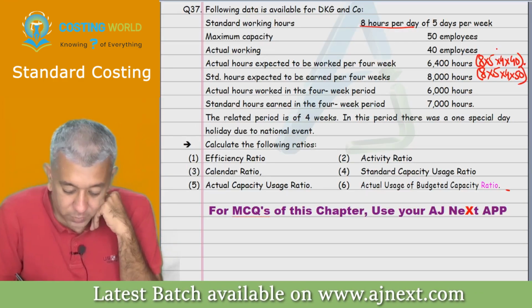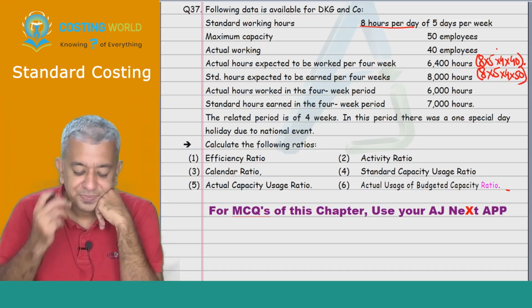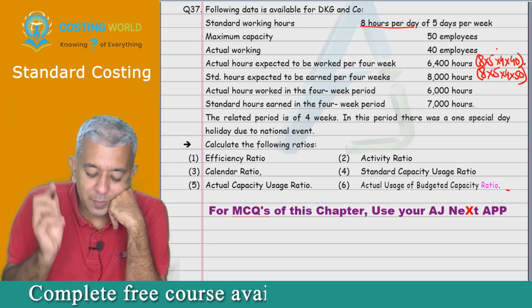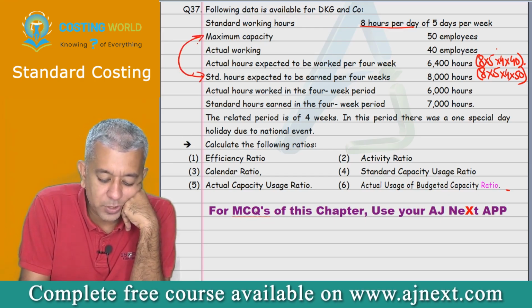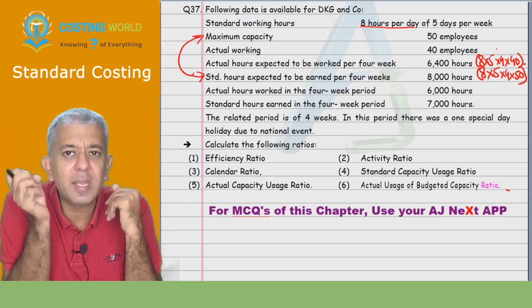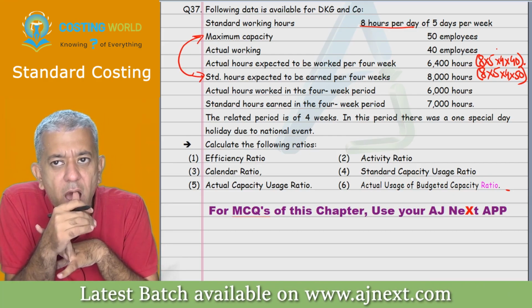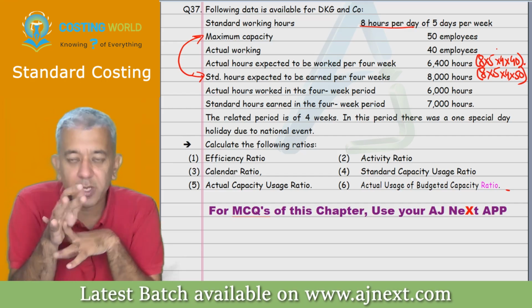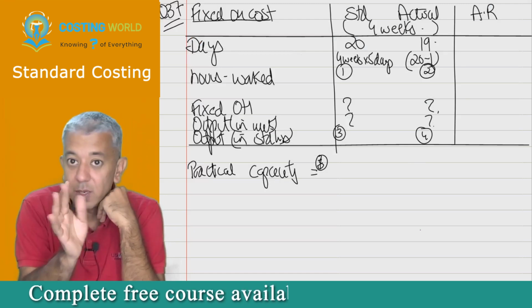Now you'll have to tell me this. Can we say we got this information based upon this? This will be your maximum or practical capacity, no? Yes, sir. Okay, and practical capacity doesn't come over here, beta. It does not come in your format.